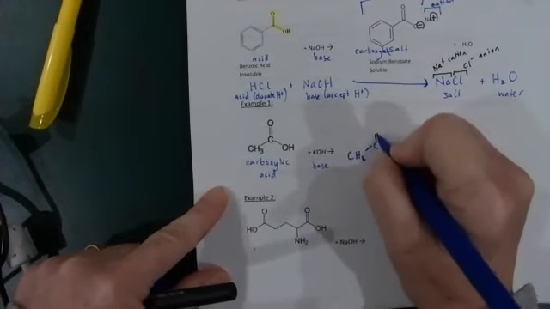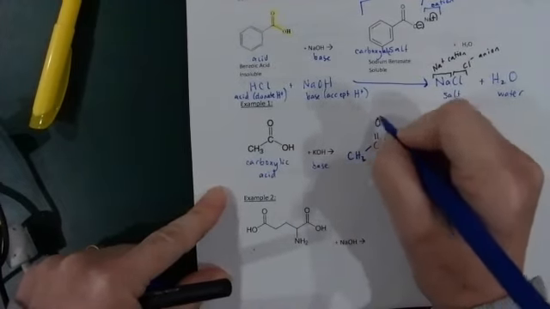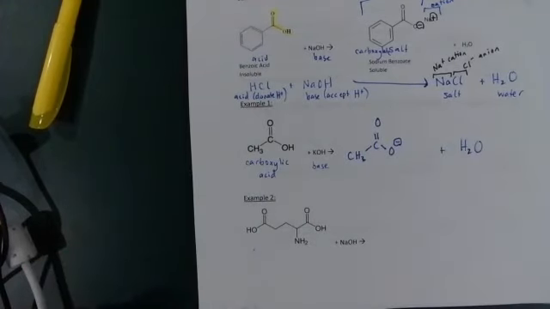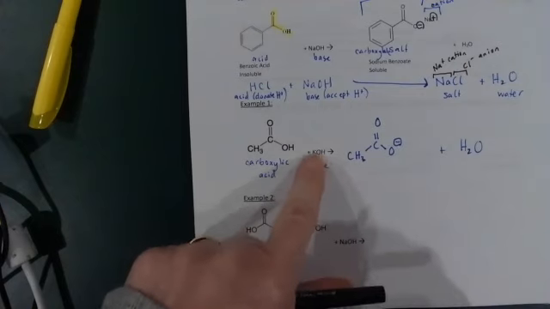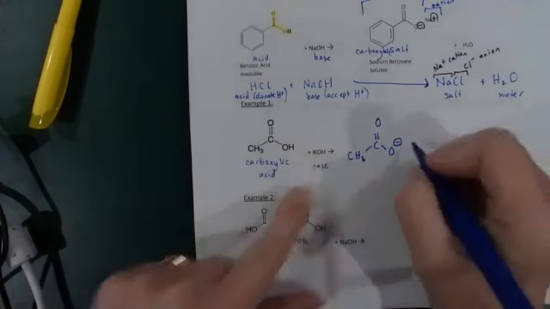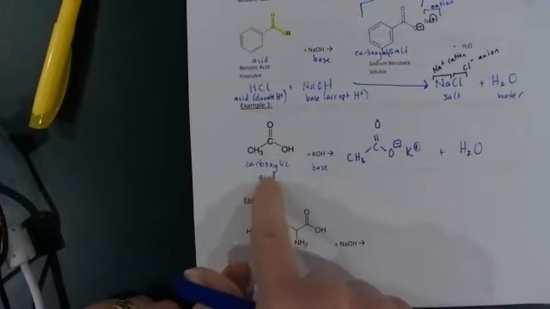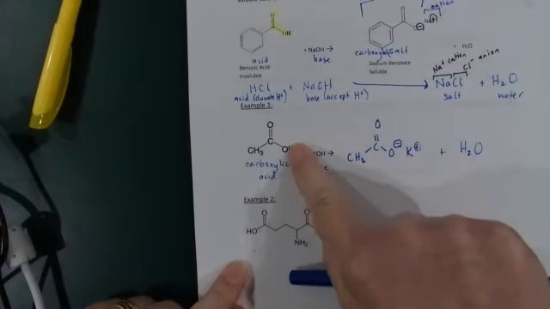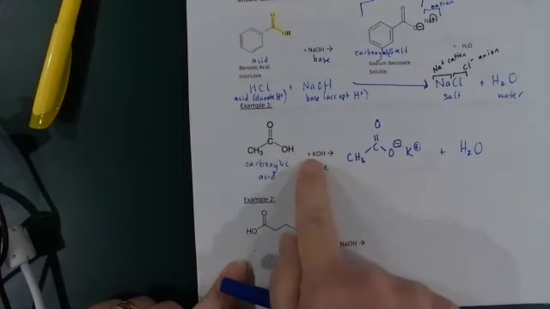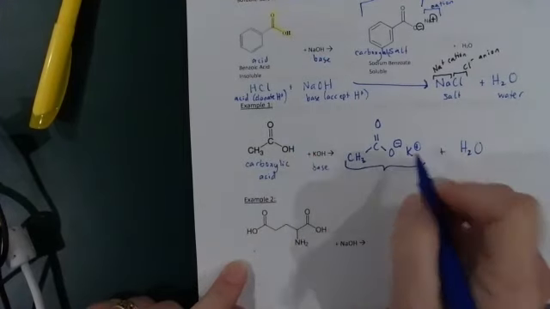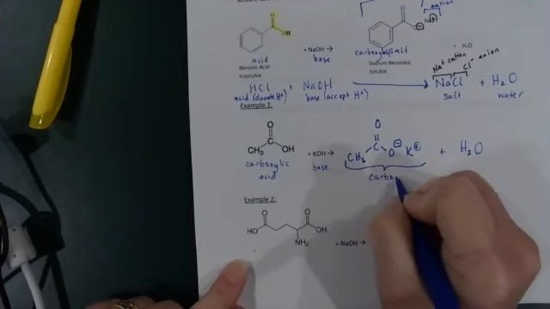Copy everything except the H. The H got donated as H+. So the stuff left behind is negative. There's our anion. And our cation will be what used to be matched up with the hydroxide. So the anion is what's left over after H+ gets donated. The cation is the K+. So this is our carboxylate salt.